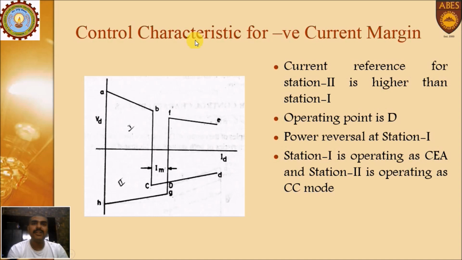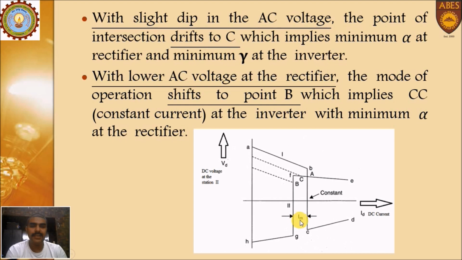In this case there is also one point, IM, known as current margin, the constant current operating mode for station 1 and station 2. In this mode, the constant current setting for station 1 is kept higher than for station 2.